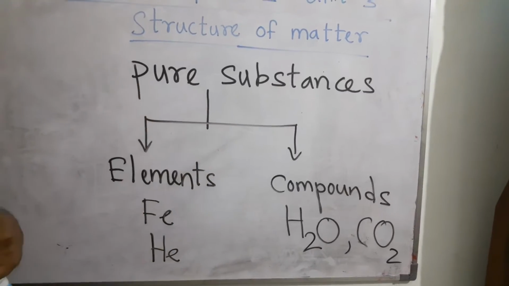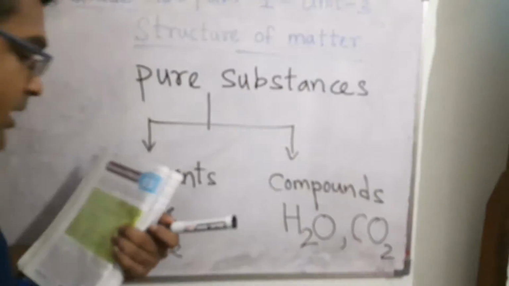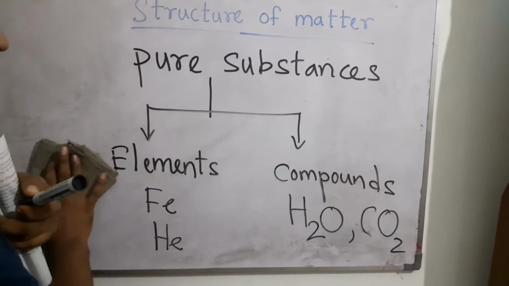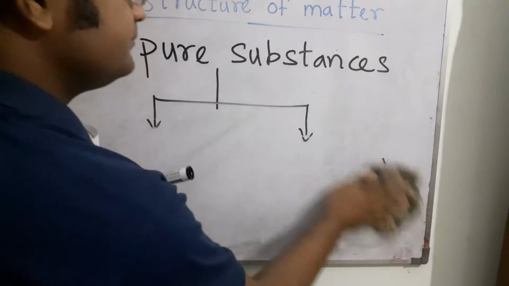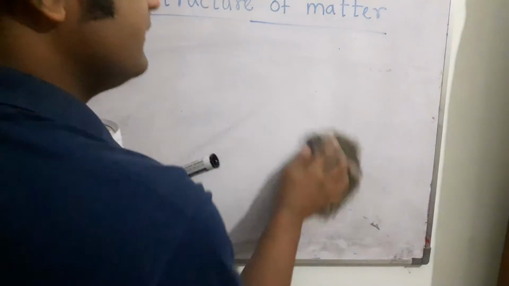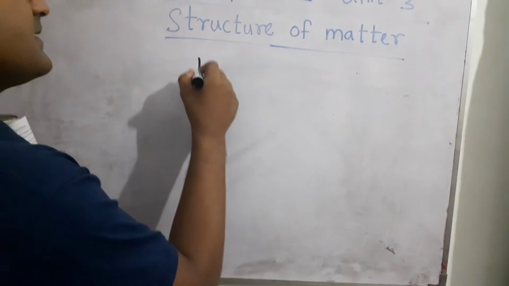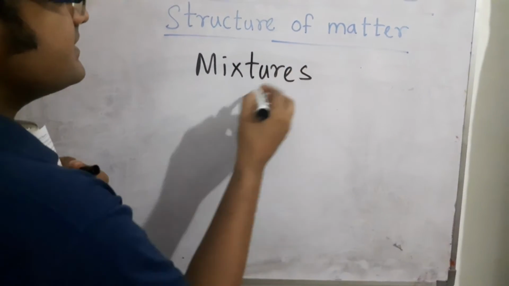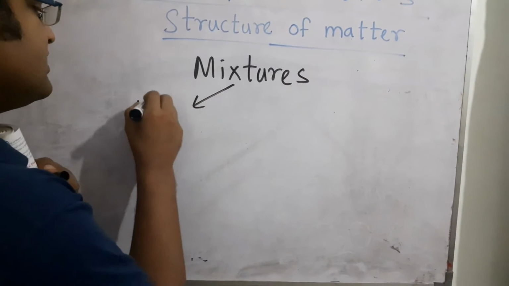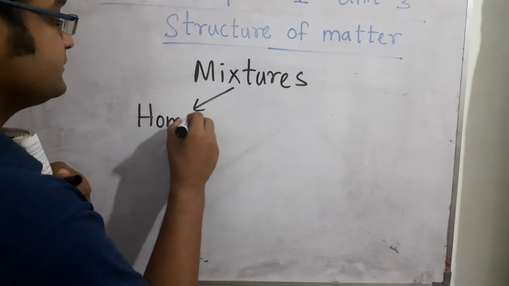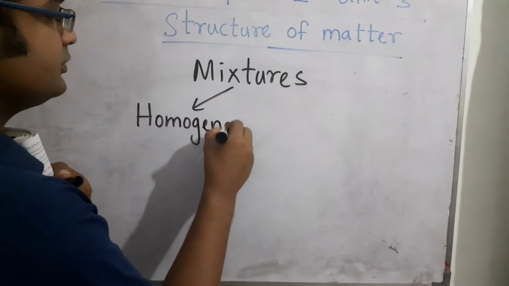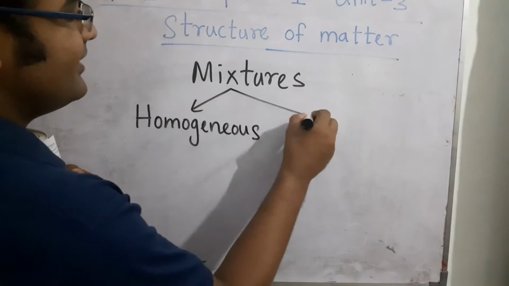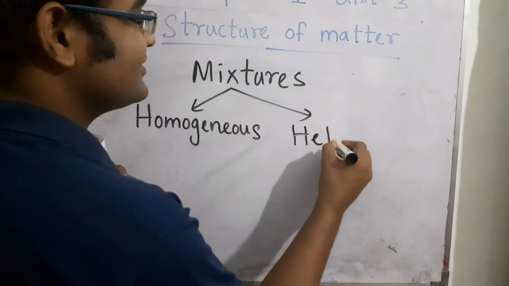Then we mention mixtures. Mixtures are of two types, homogeneous and heterogeneous.